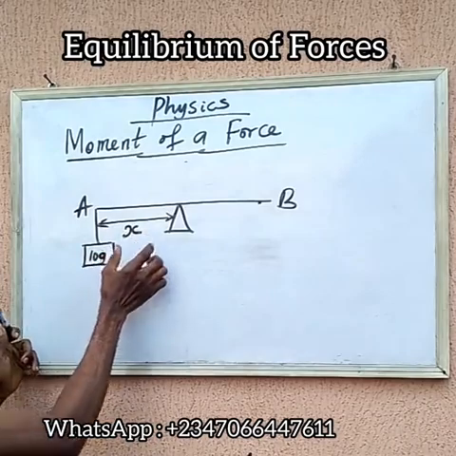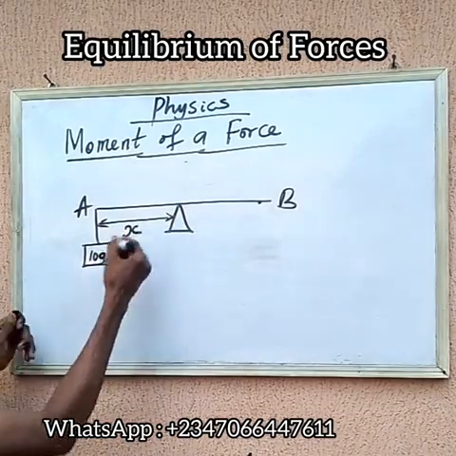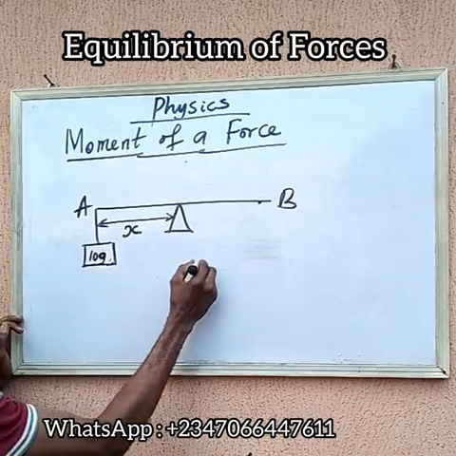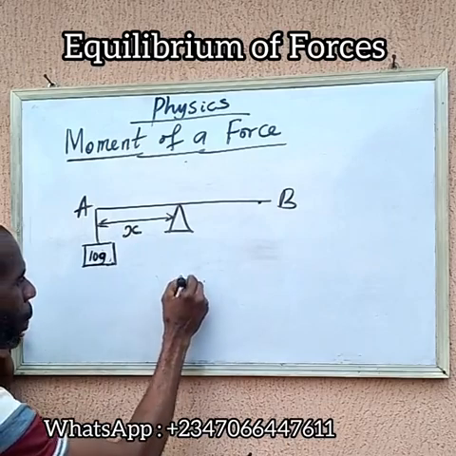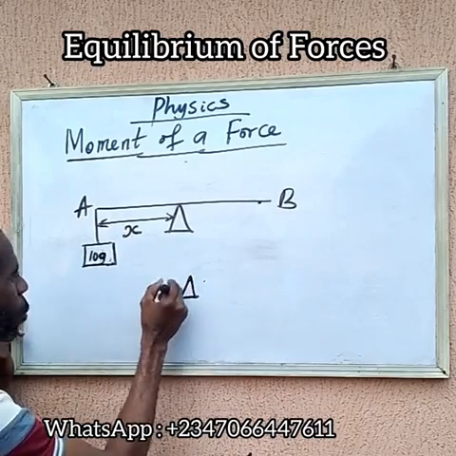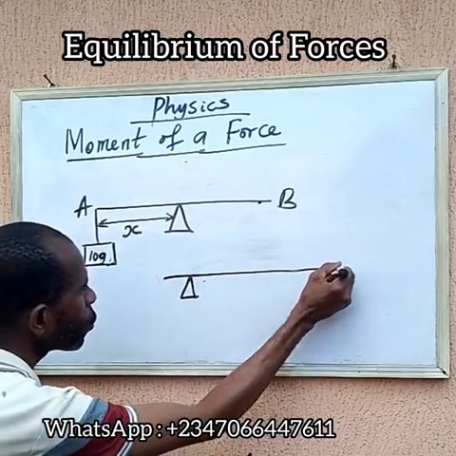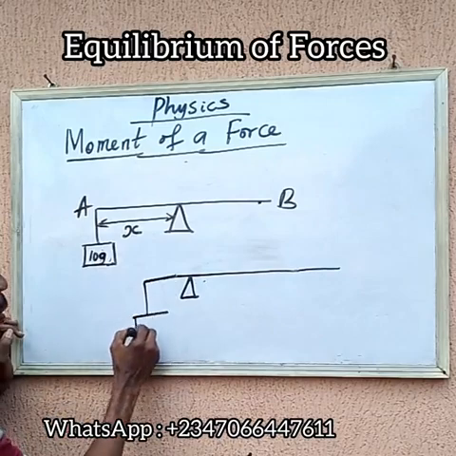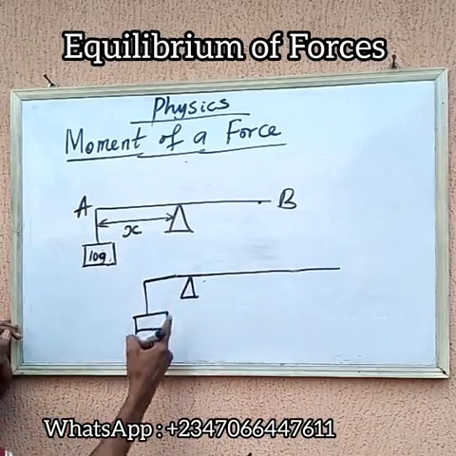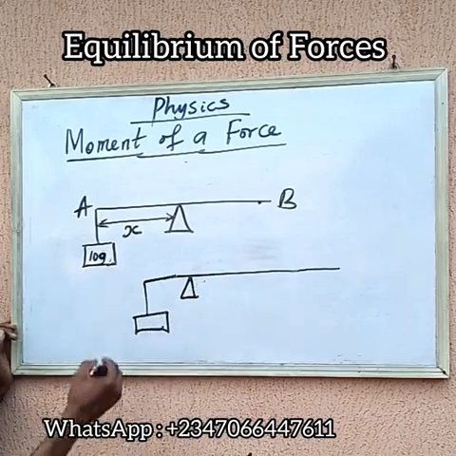Now, what will happen? I will adjust this body. The only way that this body can be in equilibrium is to adjust the meter rule. We keep on adjusting. It could be adjusted to this point whereby the mass will be too close to the fulcrum. So from this point, the meter rule can balance.